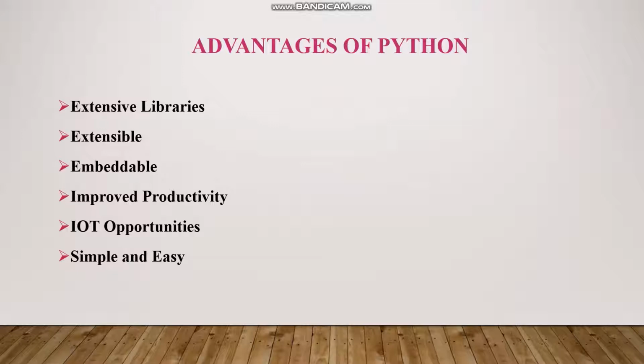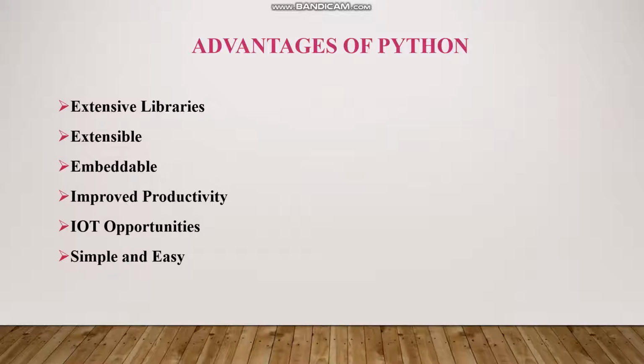Fourth one is improved productivity. The language's simplicity and extensive libraries render programmers more productive than languages like Java and C++ do. Also, the fact that you need to write less and get more things done. Next, fifth one is IoT opportunities.